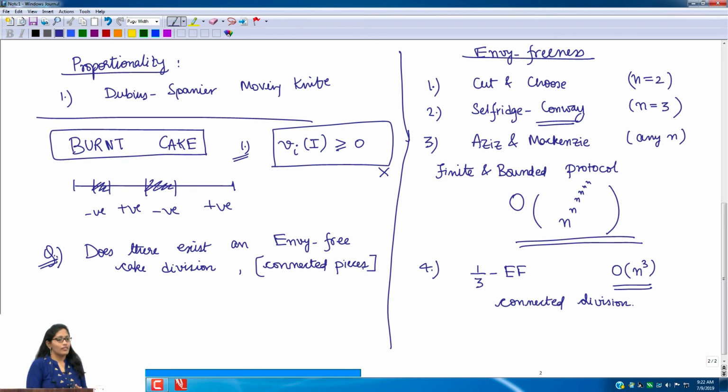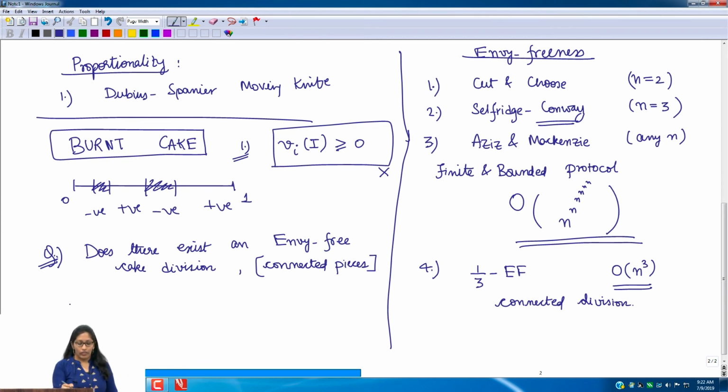So what do you think happens here, what can be the answer? Yeah, so you have a bunch of negative valued pieces in the cake, in the segment 0, 1, and I'm again asking the same existential question to begin with, and the algorithms will come forward, but we need to answer the existence question first.